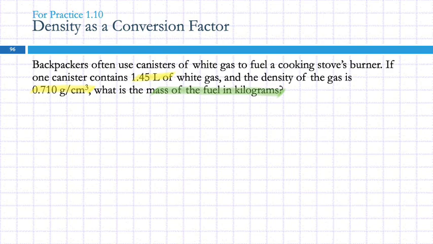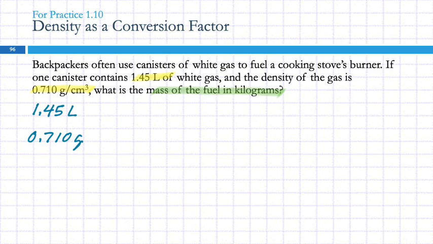We take those numbers and units and we write them down. 1.45 liters, 0.710 grams per cubic centimeter. This is written horizontally with a slash because it's easier to type on a computer. That's the only reason. And then students often write it down the same way, and then your brain doesn't recognize that's a fraction.